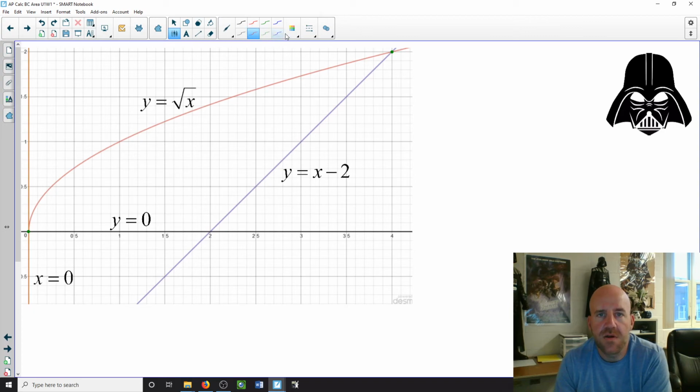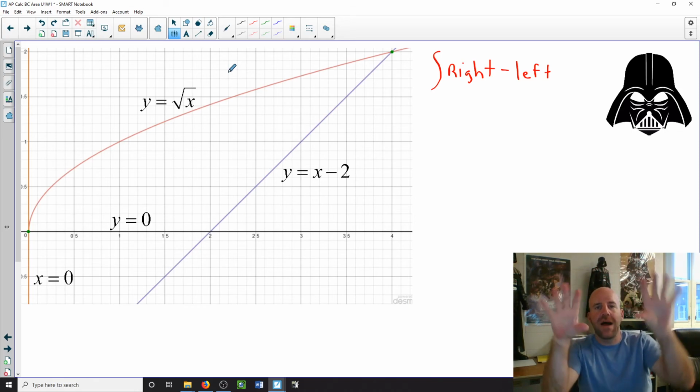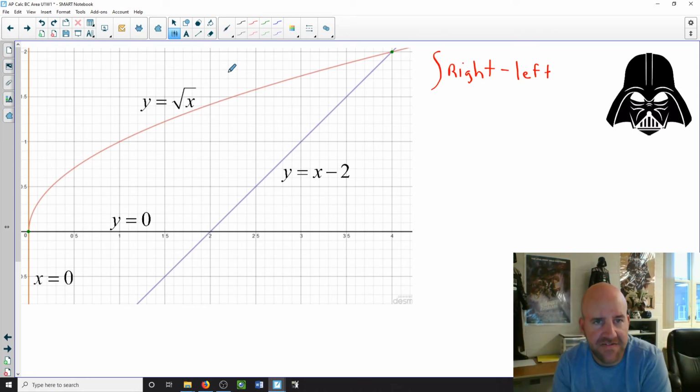So we can do a situation where we have a right minus left integral. And the reason for this is if you were to rotate this and make the y-axis the horizontal axis, we would have the blue function, or the x minus 2 function, be the top function, and then the root x would become the bottom function.